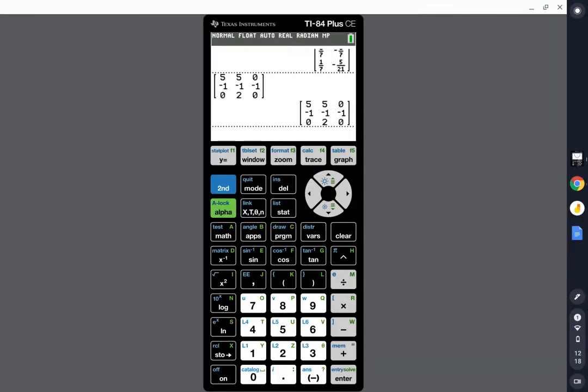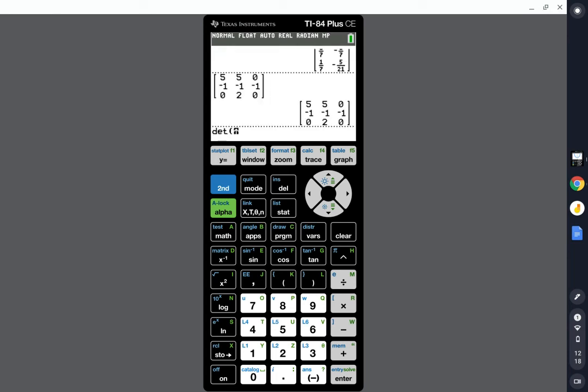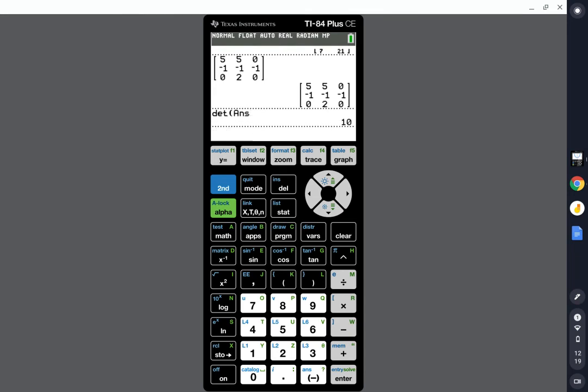Now I'm going to take the determinant of that. So I'm going to go in my matrix menu, and I'm going to do the determinant of that matrix. Now, before I couldn't do the answer thing because I had calculated the determinant and it was -21. But here I can. So my determinant was 10. Awesome. Okay. So if it asked me for that, I could totally just use that.